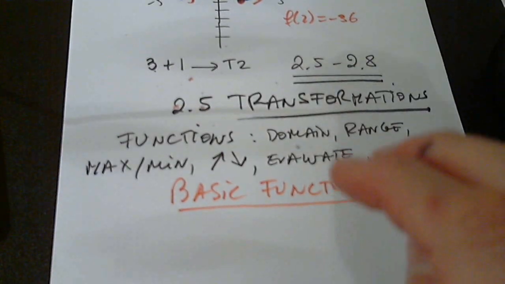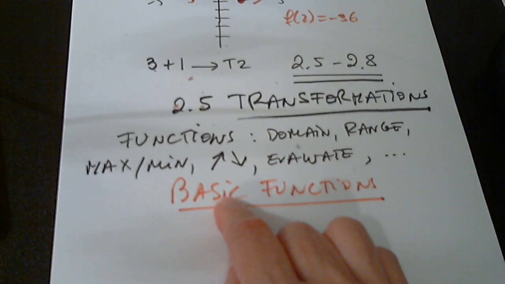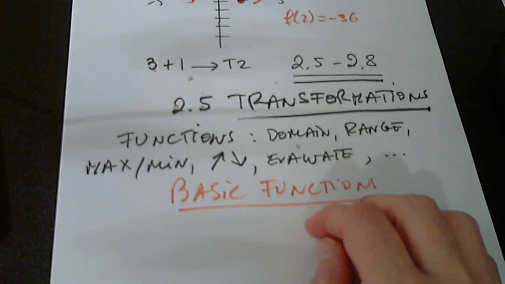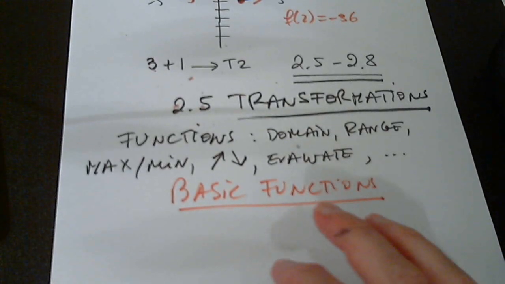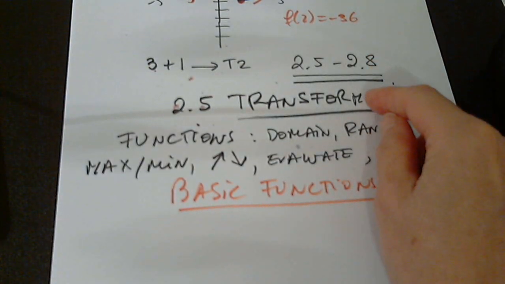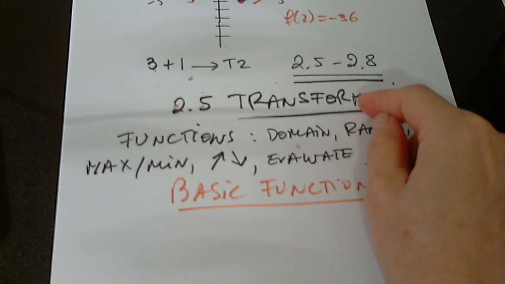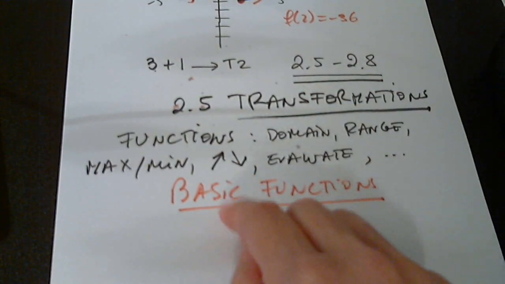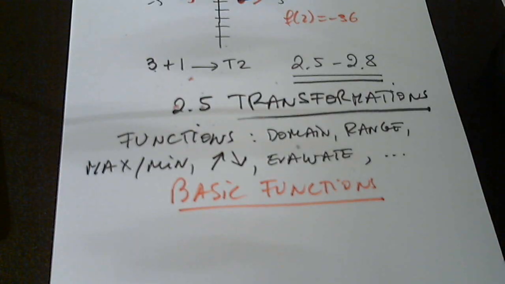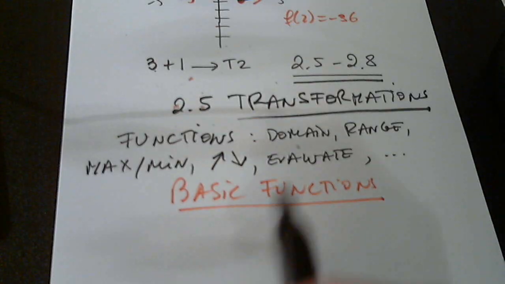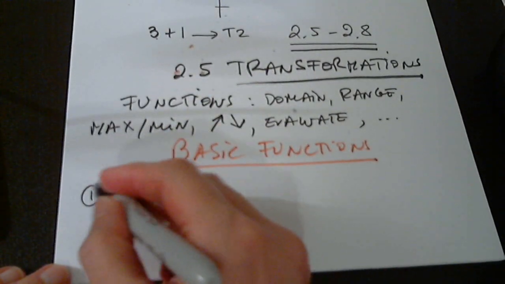So first of all, we need to list the basic functions and their graphs, and then we will understand how transformations are applied to basic functions to create more complicated graphs, complicated functions.